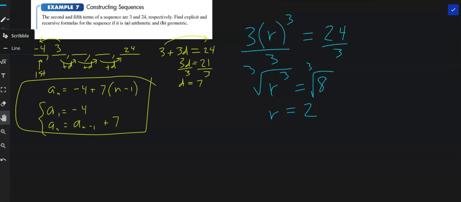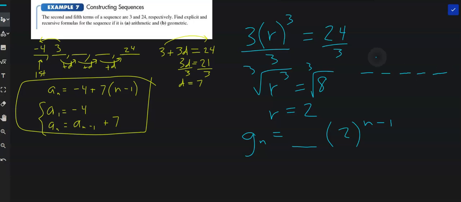So just like we did before, but now we're doing it with the geometric. G subscript n, first term times 2 to the n minus 1 power. What is the first term? Oh, I'm going to have to figure that one out, right? If my multiplier is 2, we had 1, 2, 3, 4, 5. We knew this was 3, and this is 24. We are multiplying by 2 to go forward. To go backwards, we would divide by 2, right?